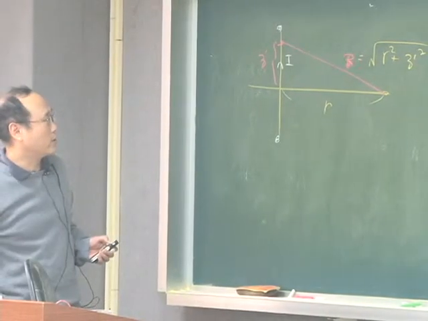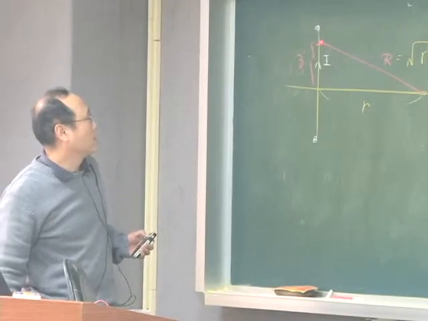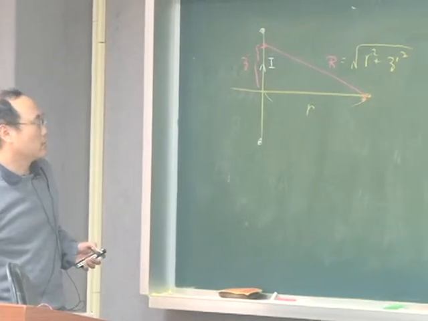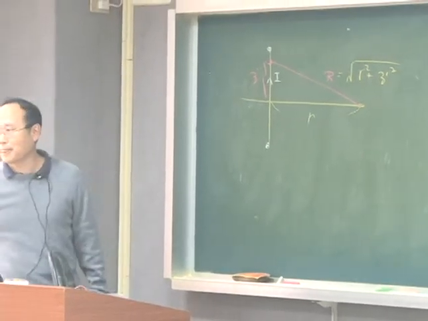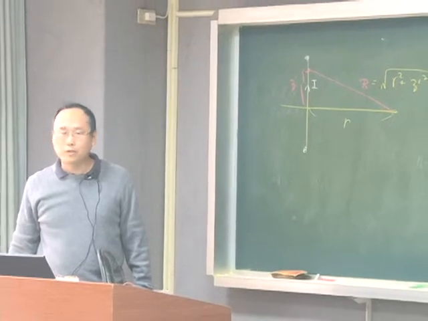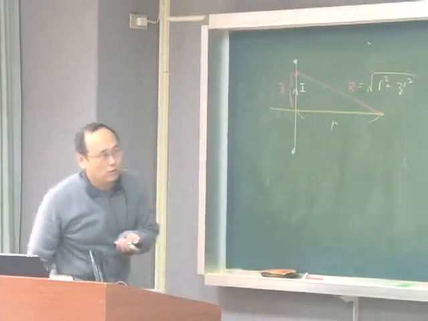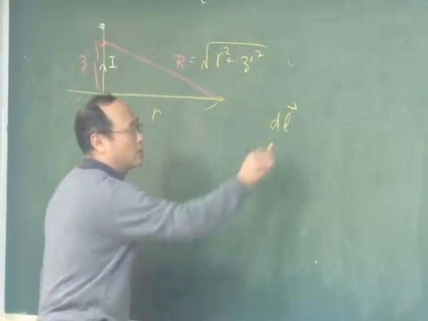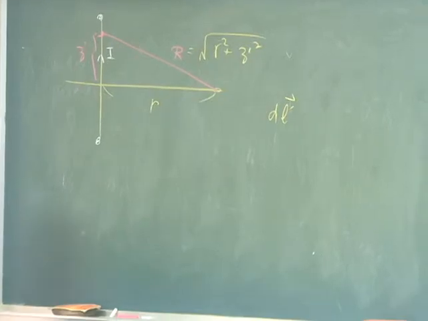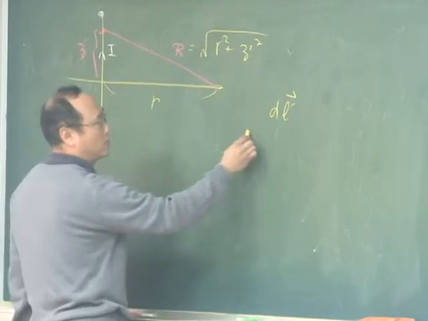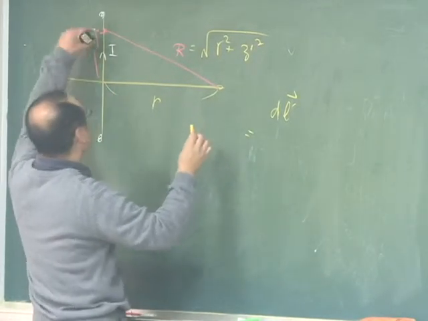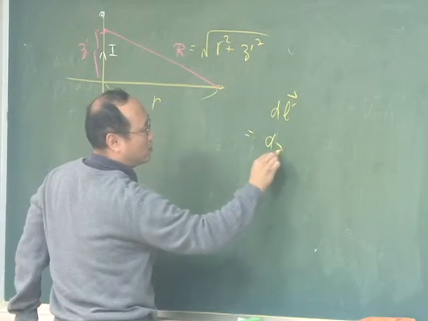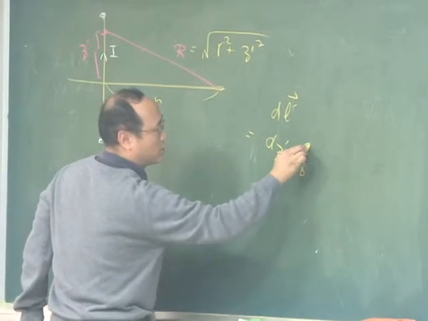Because this R is defined to be the distance between your current element and the location of your interest. You also need to know what dl prime is. This dl prime is this small piece, so it is dz prime along z direction.